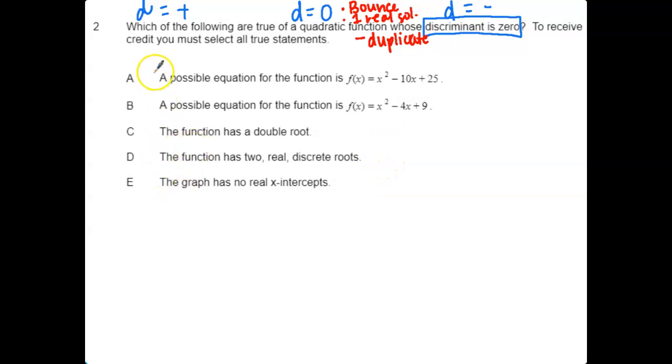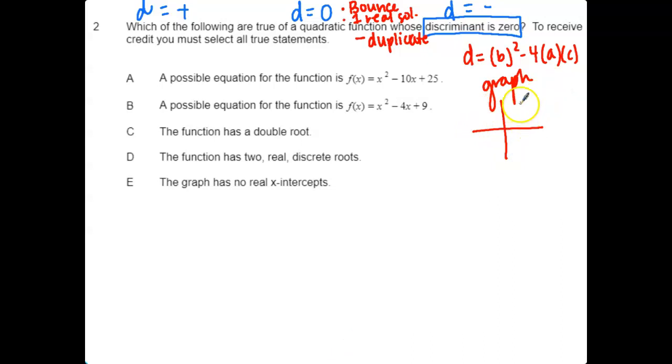So, looking at our answer choices. All right, A and B are going to take some work. Now, we could actually solve for the discriminant for these. We could say the discriminant is equal to b squared minus 4ac. Or remember that the graph is going to have a bounce. So the graph could look something like this, where it just touches one time and bounces there.